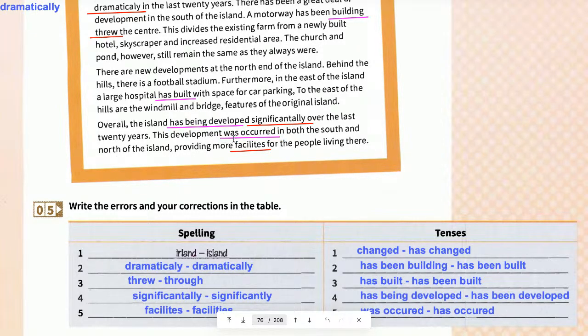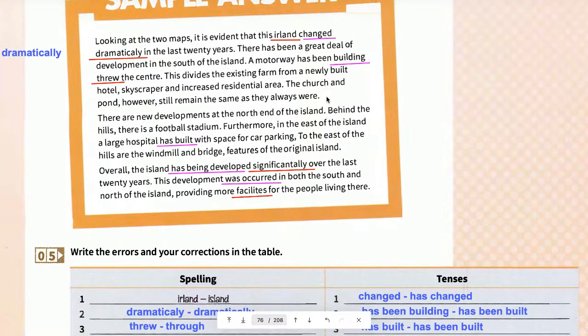Yeah, has occurred. So how many times already? 6. Right? 6 times. In one very short essay like this, I use the present perfect tense 6 times.